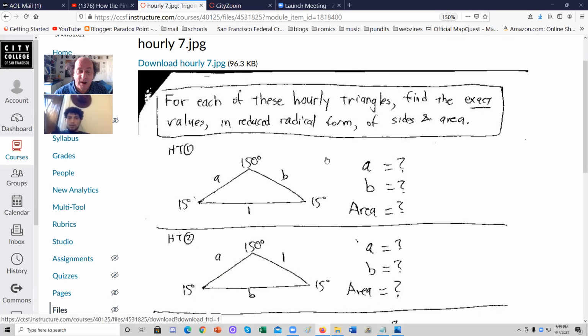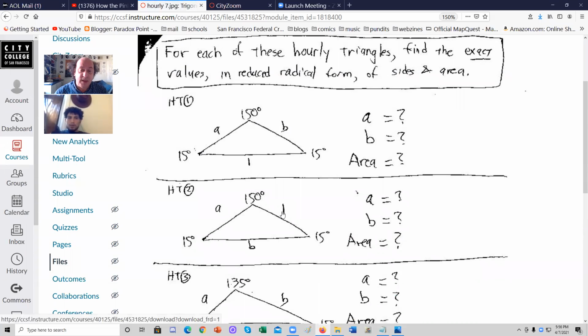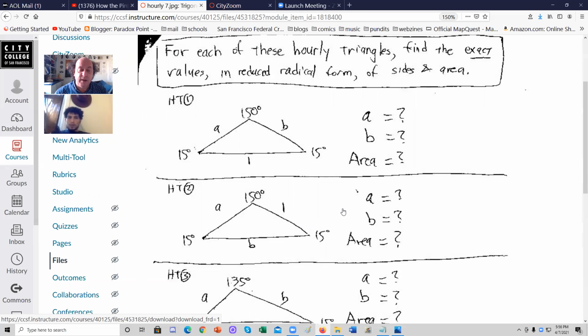Here's a 15, 15, 150 degree triangle with a long side 1. What are A and B? Well, okay, it's obvious they're equal, but they're both equal to what? Here I put this shortest side to be 1. Again, what are A, B, and the area?